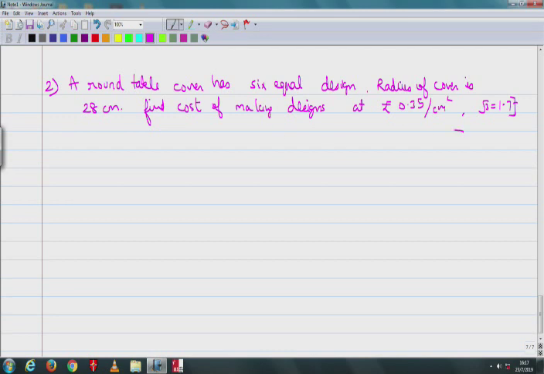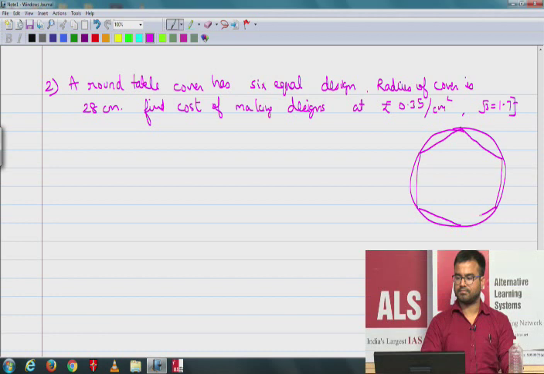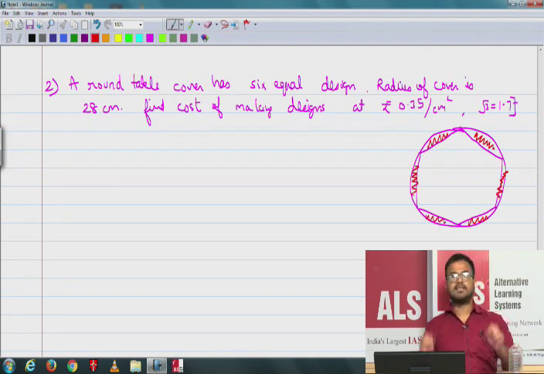So the diagram is like this. This is a round table and it has 6 equal designs like this. So the shaded region, this one, these are the designs. And these are the 6 equal designs.